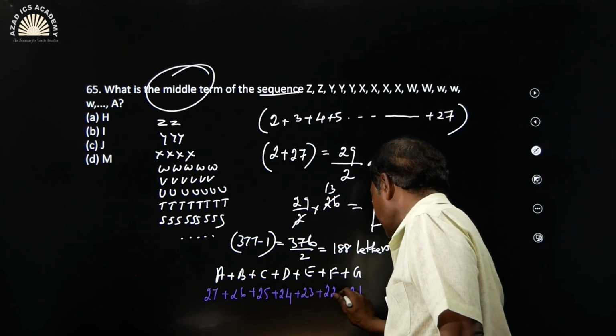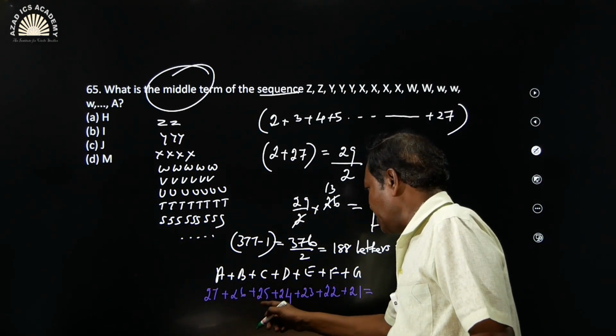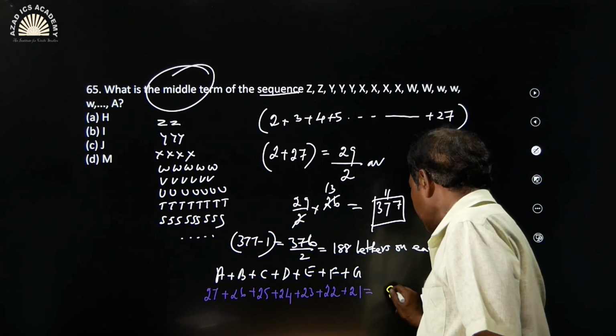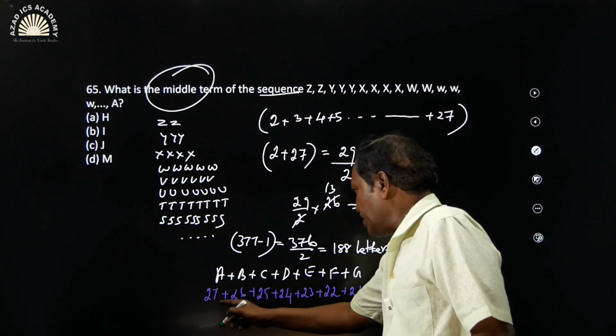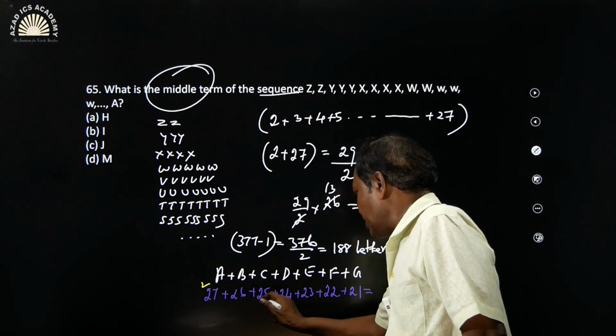See that now. 7 plus 6, 13, 18, 22, 25, 27, 28. See that 28? 2 carry. 2 plus 4, 2, 4, 6.